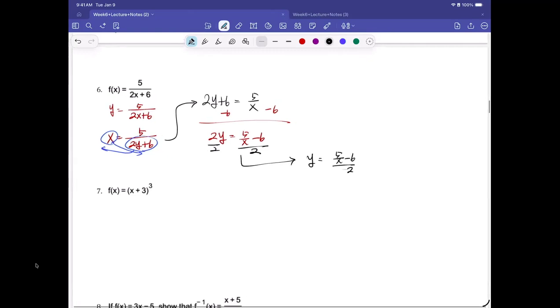I know this is weird, right? But we can fix that. 5 over x divided by 2 minus 6 divided by 2, right? This is the y, right?